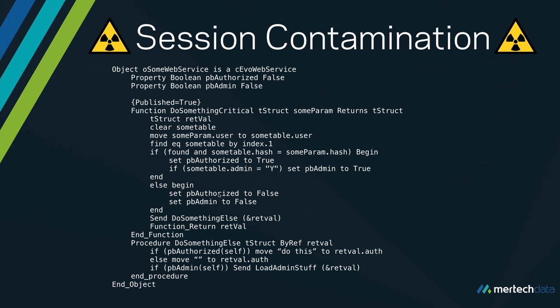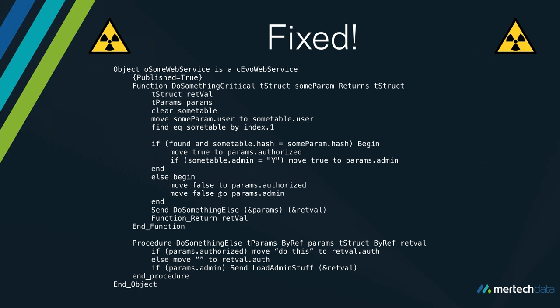So how would you go about fixing something like this? Well, here's one possible fix that avoids using any properties whatsoever. Really, the fix is related to using ephemeral storage or local variables to pass data around rather than using properties or globals.